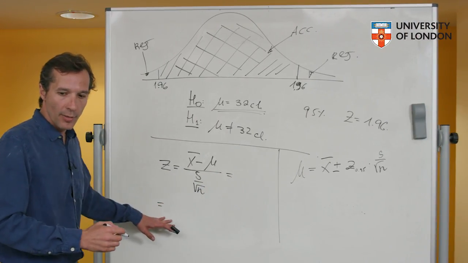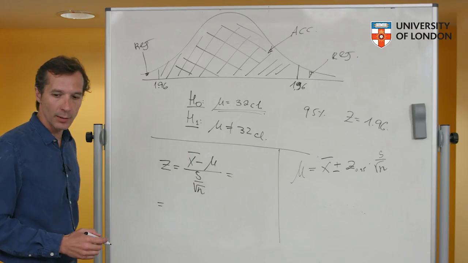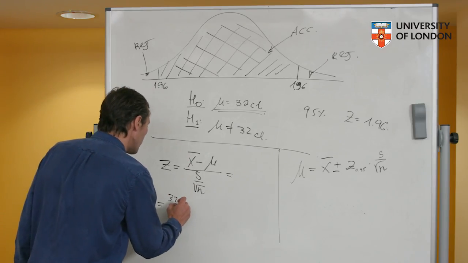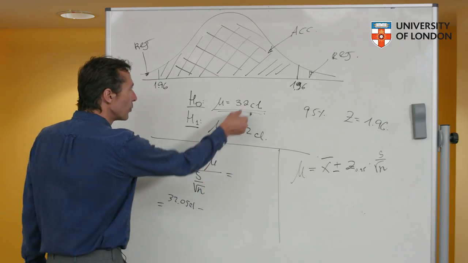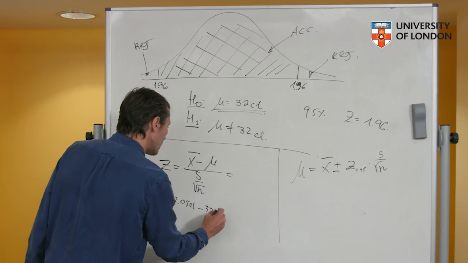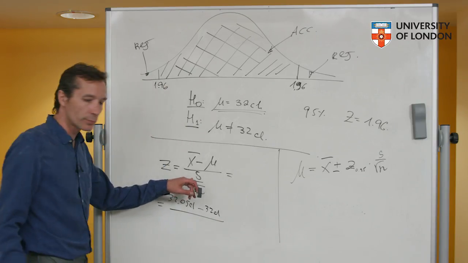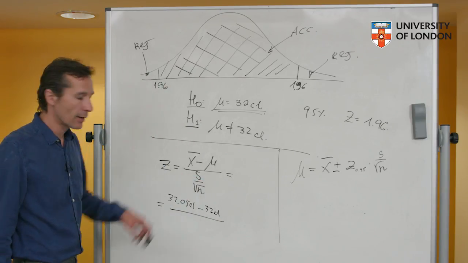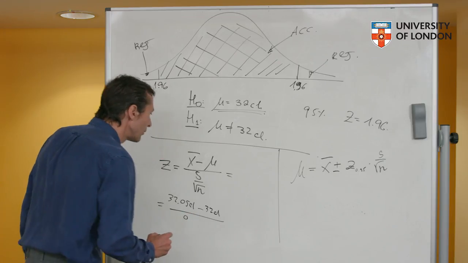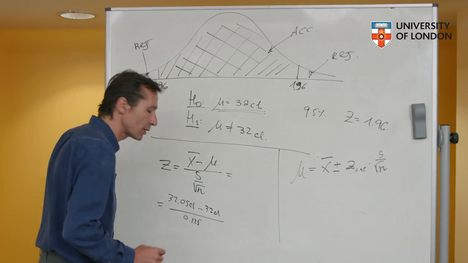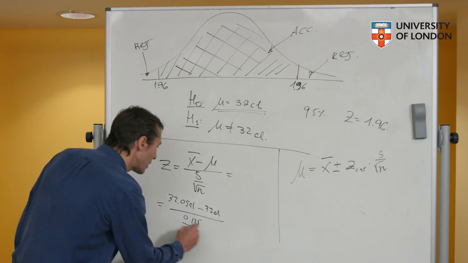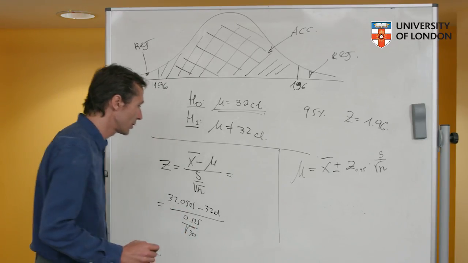We mentioned that the sample mean is equal to 32.05 centiliters. We know that mu is 32 centiliters. We know that the standard deviation of the sample is equal to 0.125, and we know the sample size is 30.